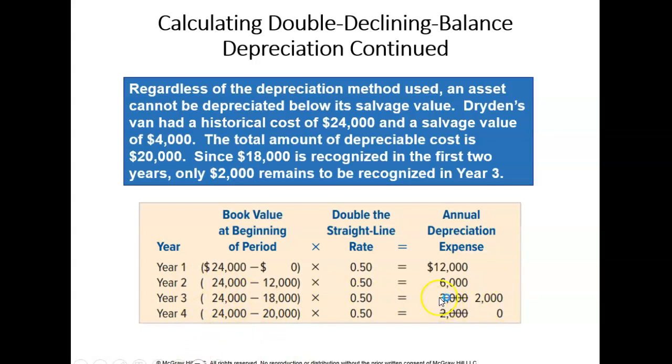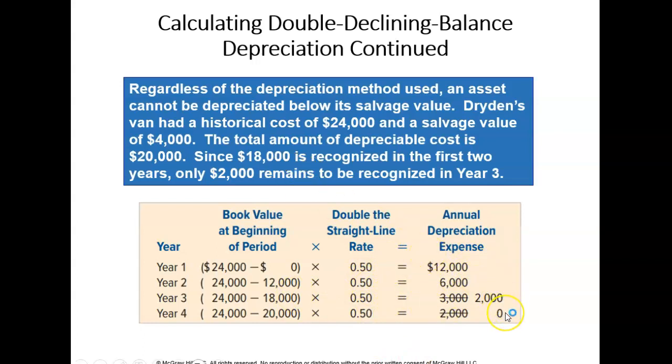However, if I add 12 plus 6 plus 3, that would give me a total of 21,000, right? Your depreciable cost is 20,000. And again, you cannot go beyond an asset's depreciable cost. So therefore, in year three, we can only expense 2,000, which is the amount of expense remaining when it comes to this van. Okay? So now at the end of year three, this asset is fully depreciated.